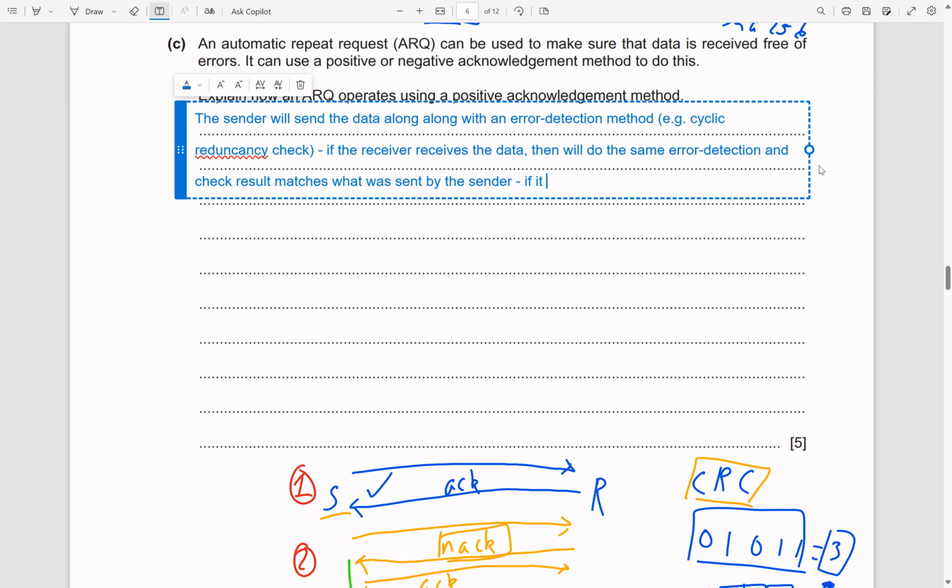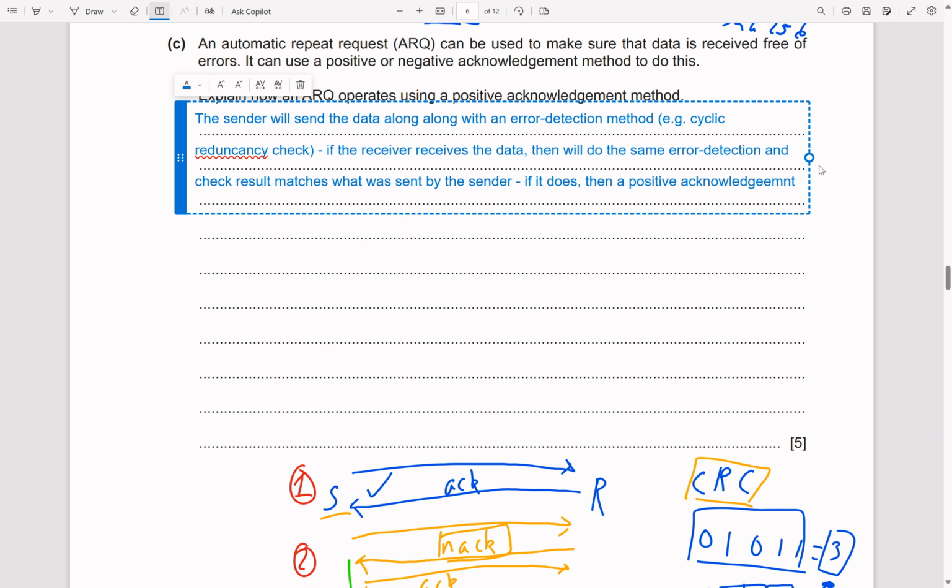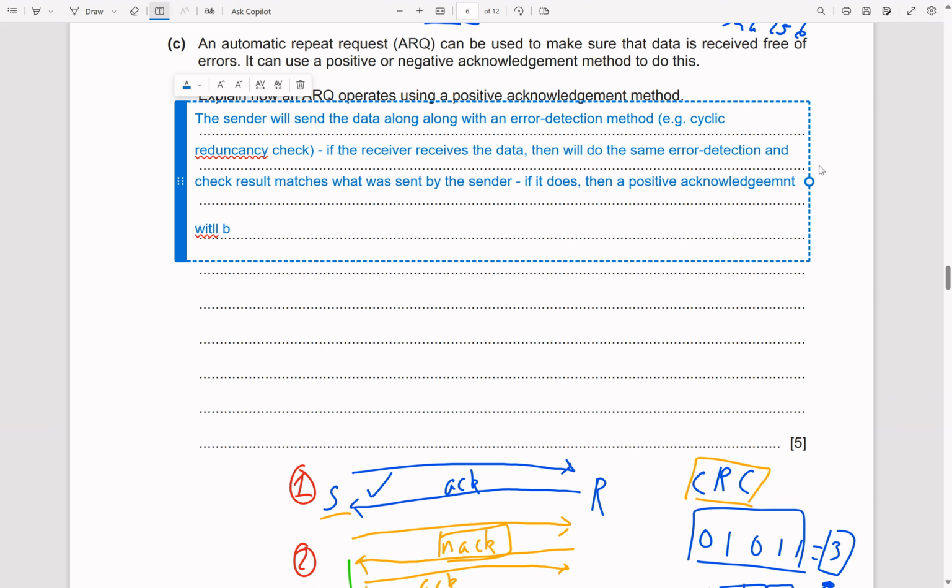If it does, then a positive acknowledgement, so that's going to be the ACK, will be sent back to the sender, who will hence know the transmission was successful.